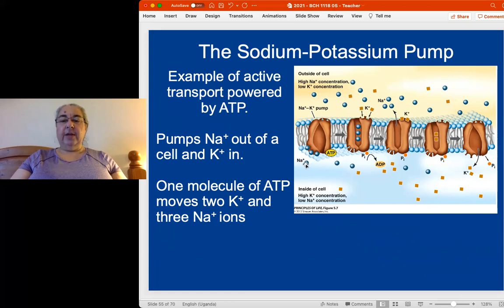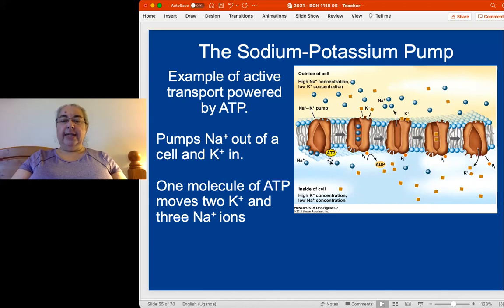The sodium is at a higher concentration outside the cell, but it's still being moved against its gradient. And potassium is being moved into the cell. So the potassium has a low concentration outside and a high concentration inside, so it is also moving against its gradient. So it's the energy from the ATP that allows this pump molecule to move the ions against their gradients.